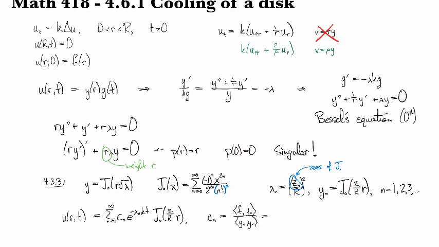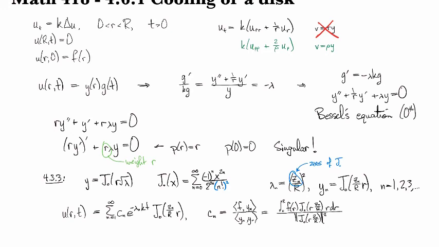On top we have the integral from 0 to r of f of r, J naught of r Z_n over r, dr. And then on the bottom we have the magnitude, so that when we normalize by the norm squared down here in the bottom, that guarantees us that we're using an orthonormal basis here.